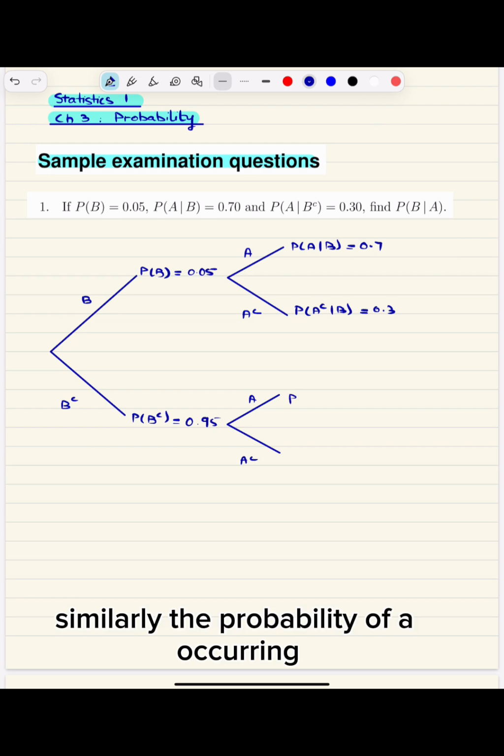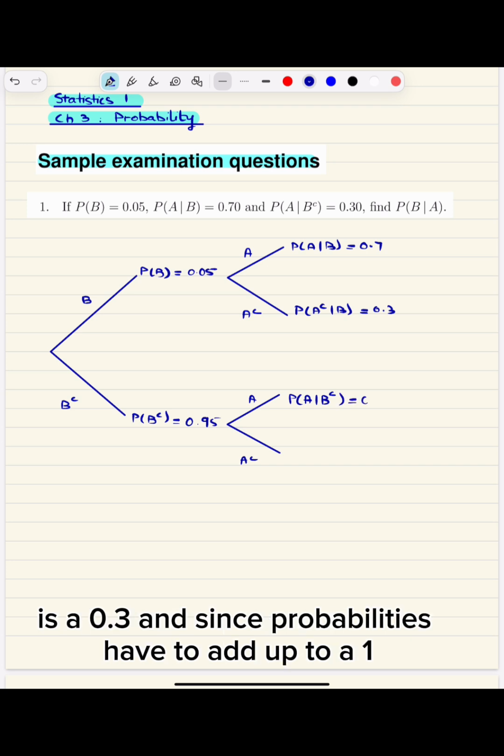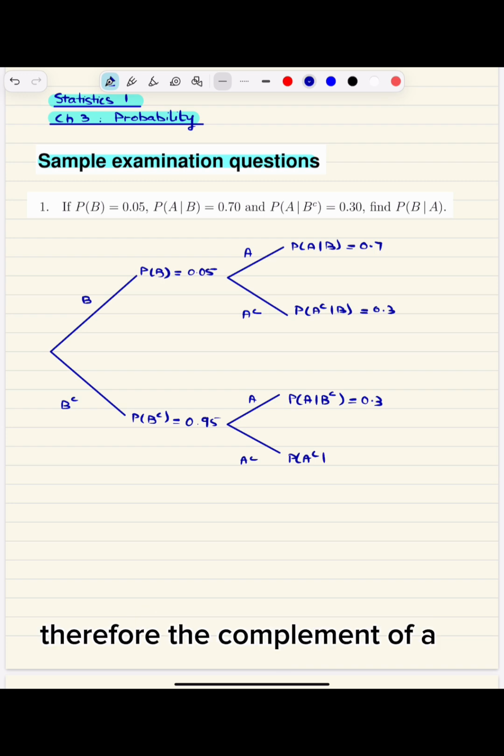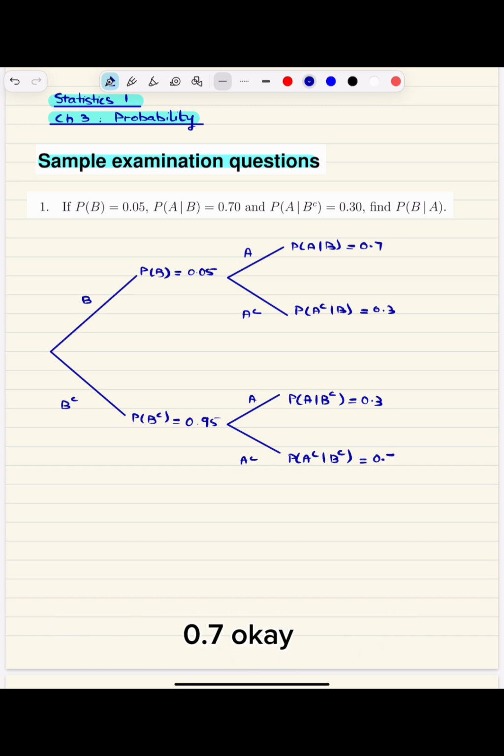Similarly, the probability of A occurring given the complement of B has already occurred is 0.3, and since probabilities have to add up to 1, therefore the complement of A occurring given the complement of B has occurred is going to be 0.7.